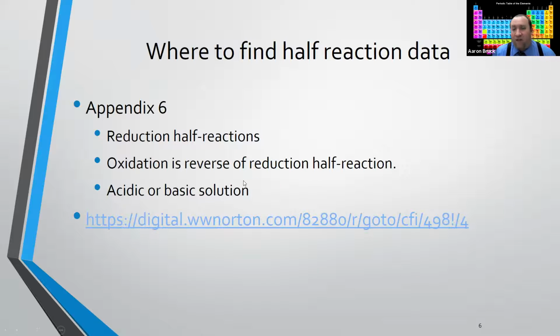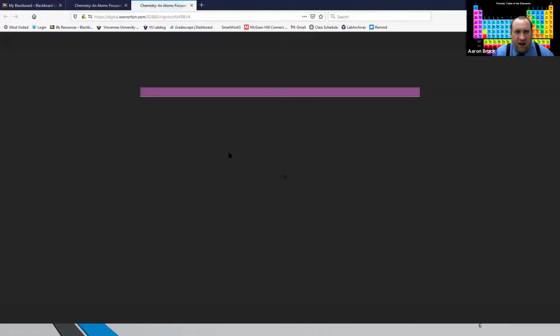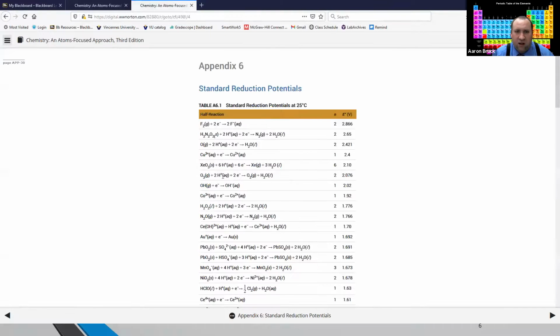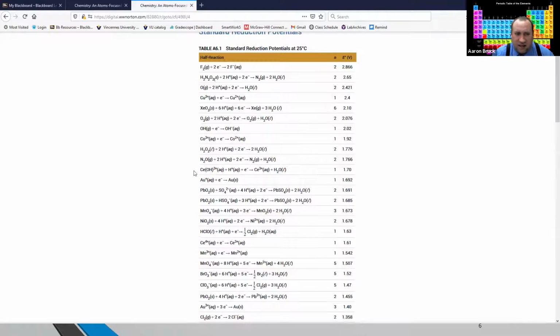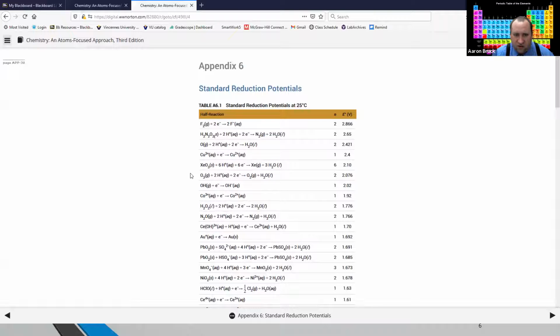Now, where we can find this data is in reference tables, and there's a really good reference table in Appendix 6 in your textbook. Appendix 6 looks at reduction half reactions for a number of different kinds of substances. If I click on that, it's going to take me to your ebook, and here we have our list of standard reduction potentials.